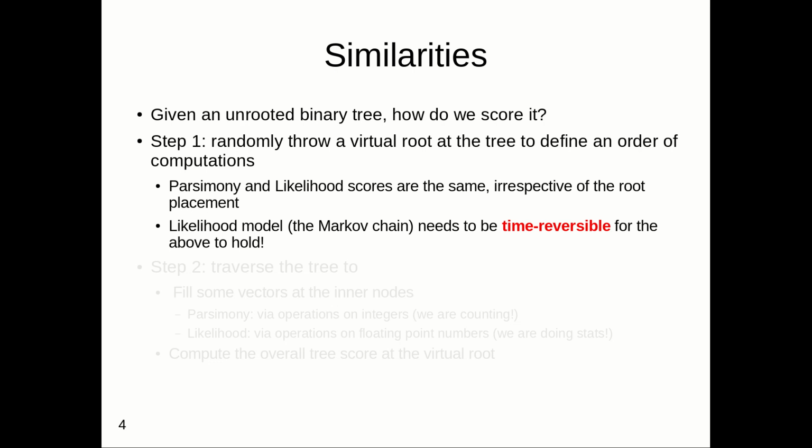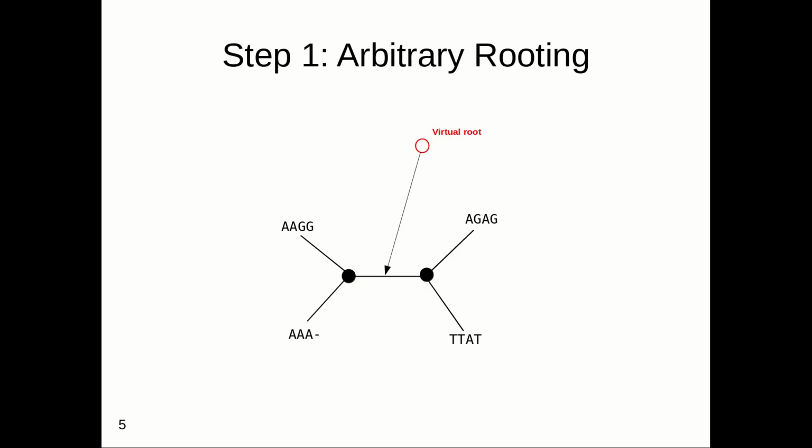In parsimony, we do that via operations on integers because we're essentially just counting mutations. And in likelihood, we're doing that via operations on floating point numbers as we're doing statistics. Once under parsimony or likelihood we've reached that virtual root, we can then compute the overall tree score over there. Right. So let's look at this step by step.